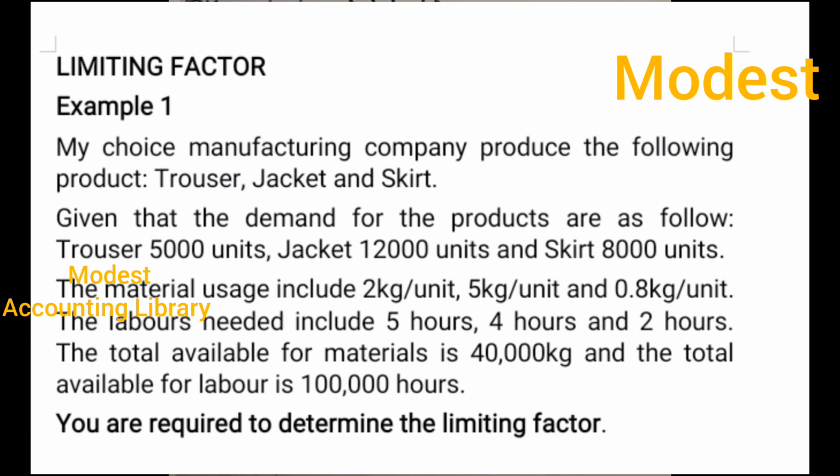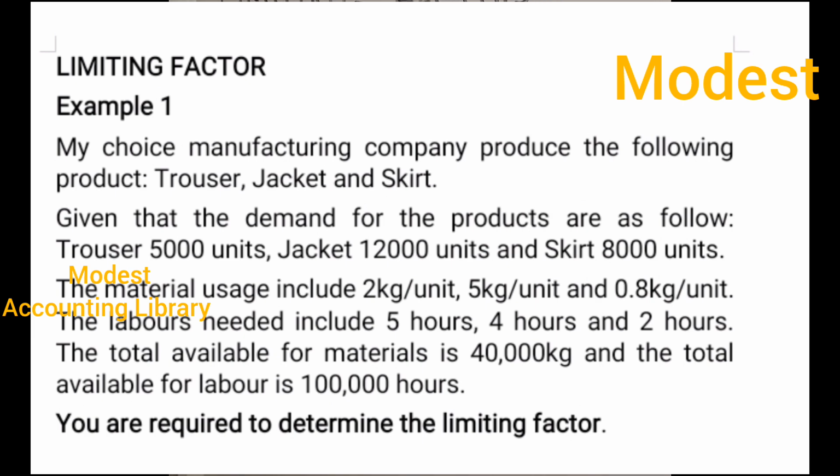I'm going to read it now while you pay attention. My Choice Manufacturing Company produced the following products: trouser, jackets, and skirts. Given that the demand for the products are as follows: trouser 5,000 units, jacket 12,000 units, and skirt 8,000 units. The material usage includes 2 kg per unit, 5 kg per unit, and 0.8 kg per unit.